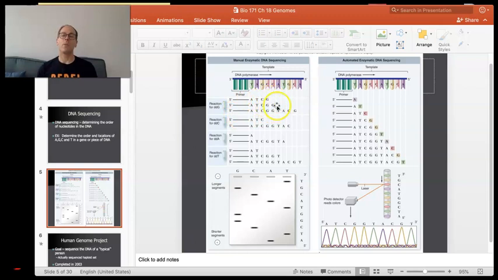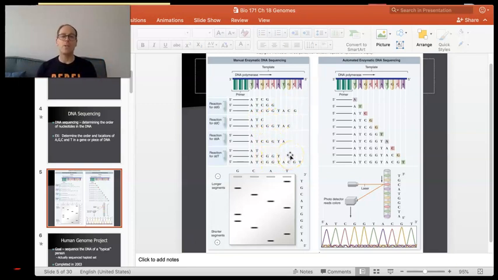Now, the reason we use fluorescent dyes is we make each one of the nucleotides, A, G, C, or T, a different color. And so, for example, this particular sequence, A, T, C, G, this ends in G, this one ends in G, this one ends in G. They're all different lengths, but they all end in G, and they'd all have the same color G to them. These all end in C, these two end in A, these end in T.